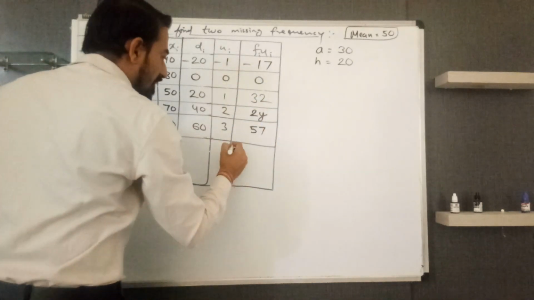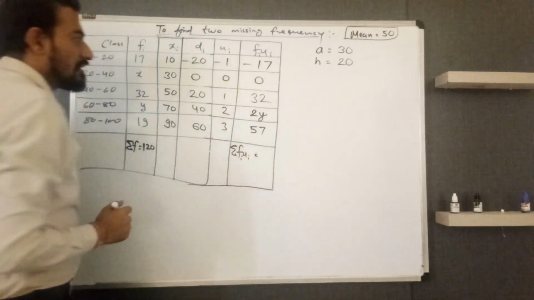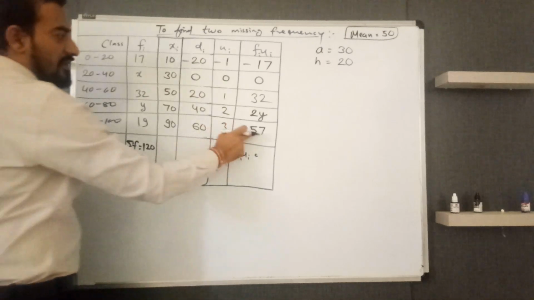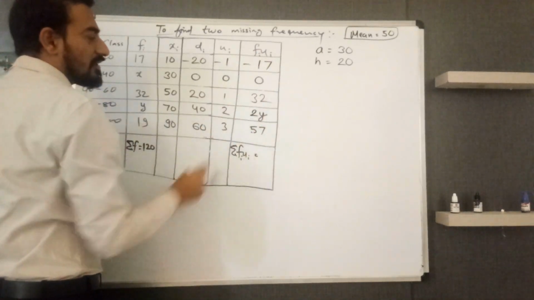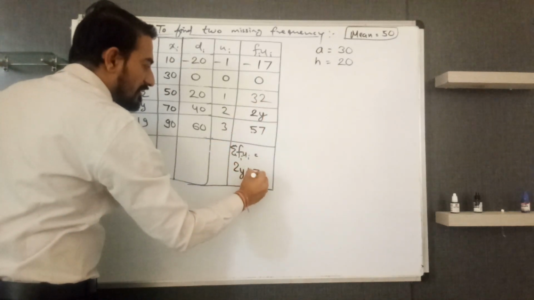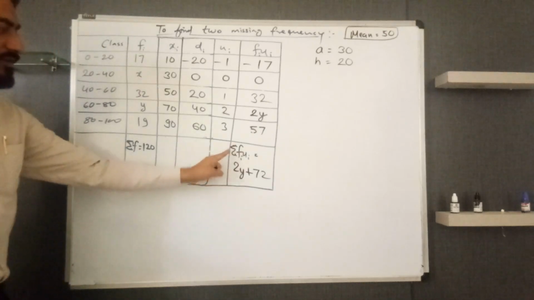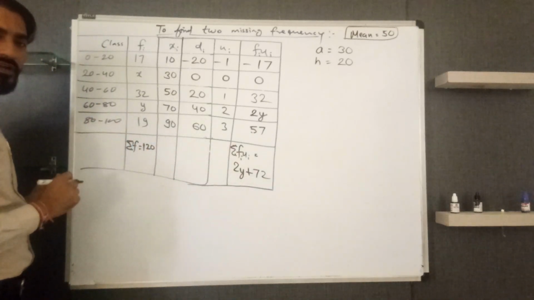Then we need sigma fu. See, 57 minus 17, we will have 40 and 32 means 72. So what will we have? Twice of y plus 72. This is sigma fu.